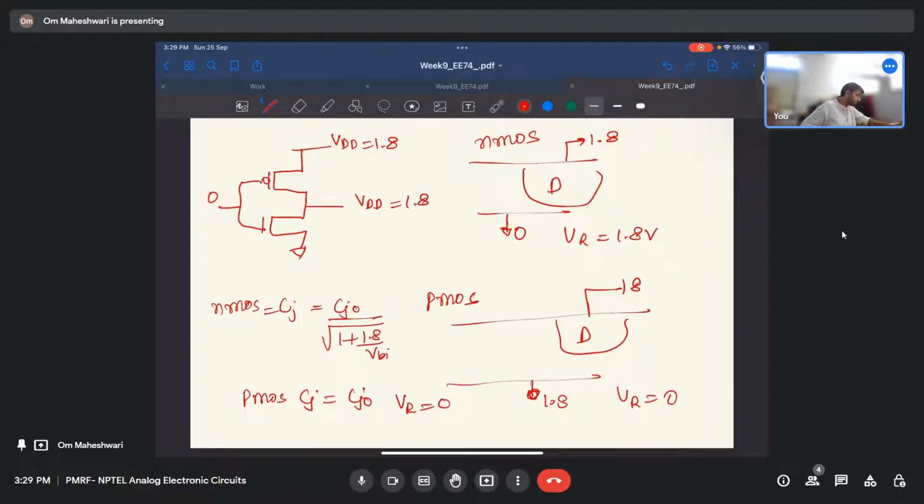So nothing else will change in this question, only the value of VR that we had to identify. And the final answer, let me see what is the final answer. So the final answer is Cj equal to 11.5 femtofarad. Yeah, this is the final answer.